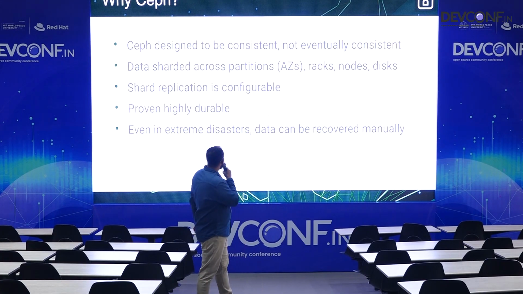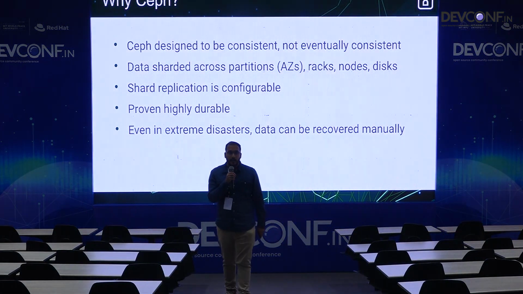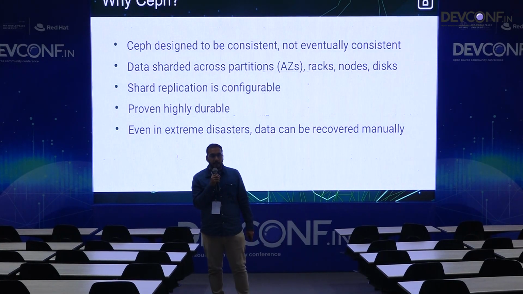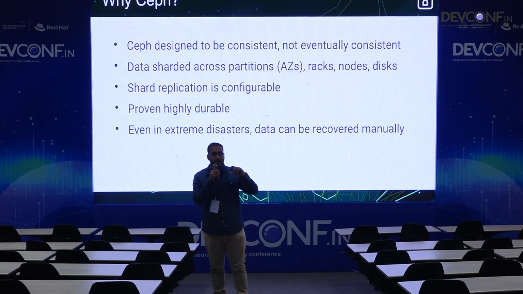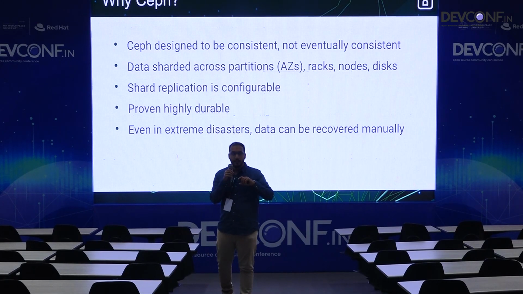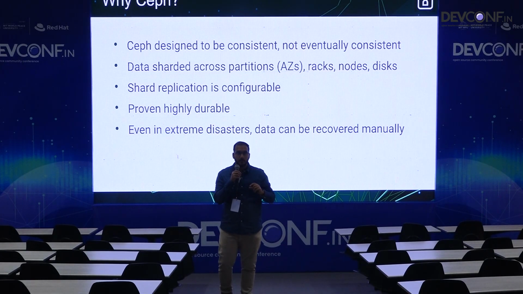And it is designed to be consistent and resilient. By that I mean, if you are storing a particular piece of data in Ceph, it will have different zones. Let's say the first zone is in the US, the second is in Europe, and the third is in India. If we are storing data through Ceph, it will replicate that data to different available zones.